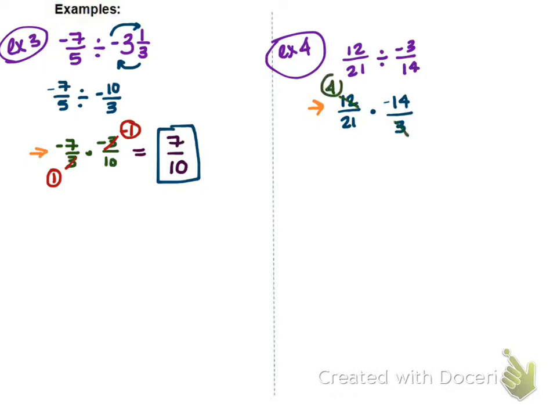They both have a 3 in common, so I can have 4 3's in the 12 and 1 3 in 3. 21 and negative 14 both have 7 in common, so I'm going to cross those out and provide a 3 for the 21 and a negative 2 for the negative 14. Multiplying straight across, I get negative 8 over 3, which can be back converted to negative 2 and 2/3.